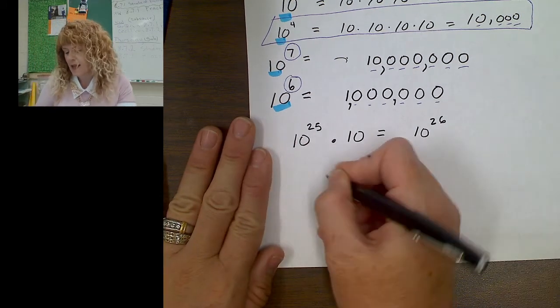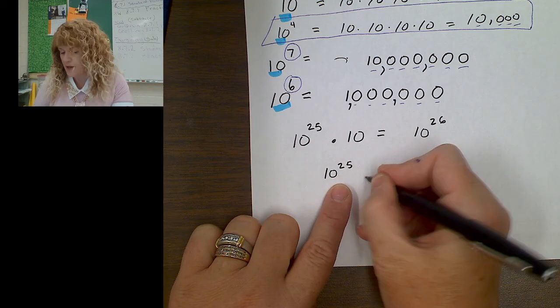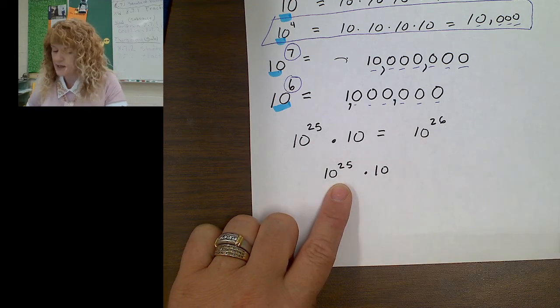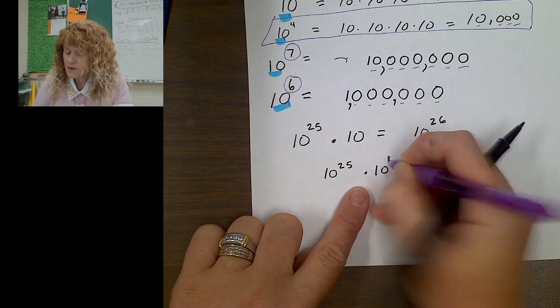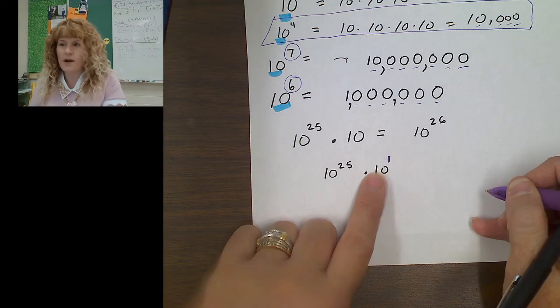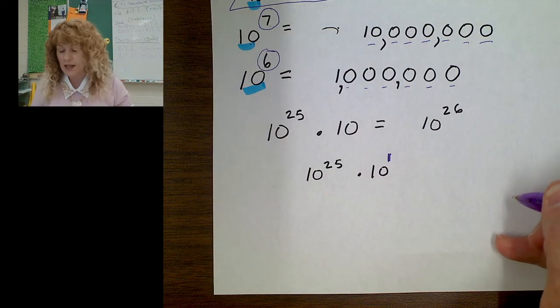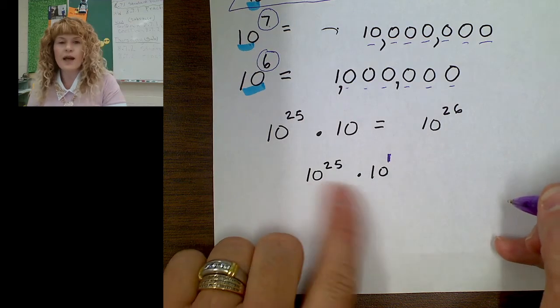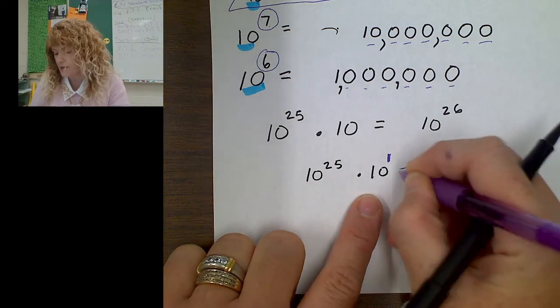Let me write this again in another way to prove it's true. 10 to the 25th times 10. Now this 10 is to the power of 1, right? 10 equals 10 to the power of 1. And you already know from the last class that when you multiply the same base, you add the exponents. Remember?